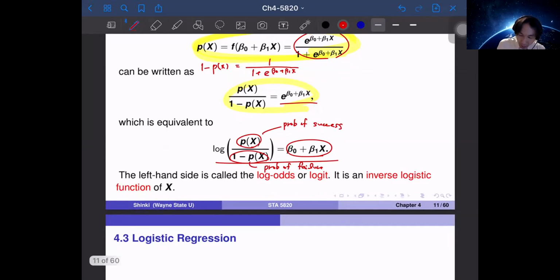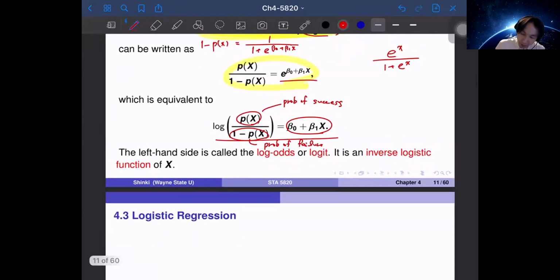The left-hand side is called the log odds, and also the inverse logistic function, or the logit link. I always mix up the logistic function and the inverse logistic function. When we say logistic function, that is e to the power x over 1 plus e to the power x, but when we say logistic link, sometimes the wording is the other way around. Anyway, this is the inverse function of the logistic function.